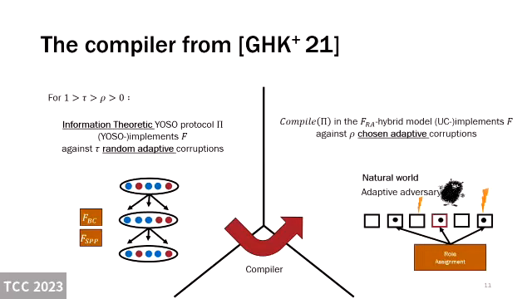And that allows you to get a compiled protocol in the role assignment hybrid model, which UC implements secure functionalities against chosen adaptive corruptions. And the key thing to spot here is that there's a difference in the nature of the corruptions we're dealing with, because these random adaptive corruptions are modeled as the adversary essentially not having control over which particular roles it gets to corrupt when it goes to perform a corruption.